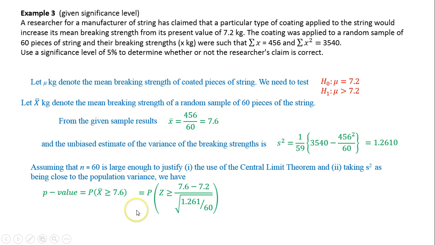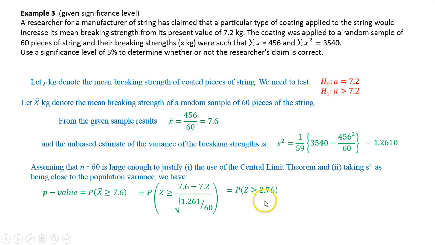So changing that to the z, as we're now using the normal distribution, it's 7.6 minus the 7.2 over the square root of the variance over n. So s squared over n, square root of s squared over n, as is the sample mean.